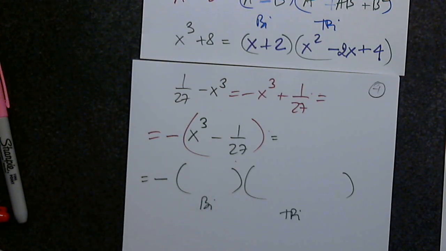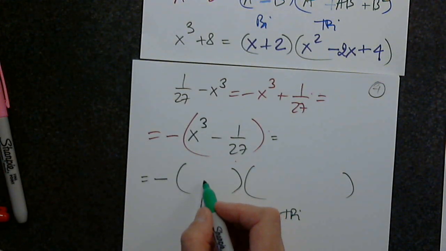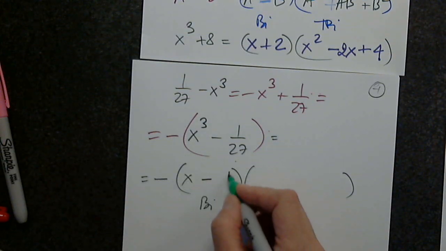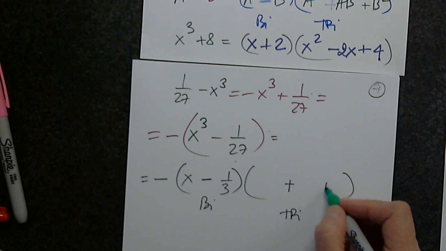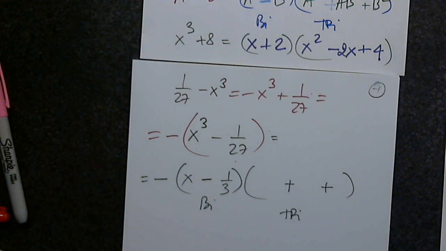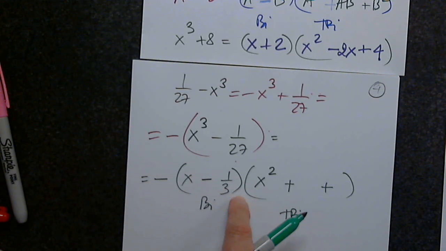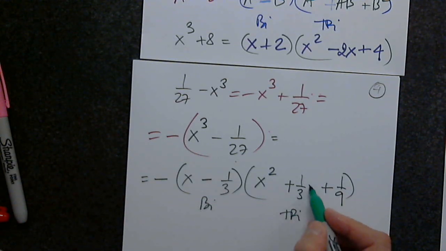Binomial times trinomial. Let's identify the signs first. What is the sign inside the binomial? X minus 1/3. Very good. And what is the sign in the middle of the trinomial? Plus. Excellent. And the last one, we don't even mention it. Good. Once I identify the binomial, I'm in business because I can square x, get this. I can square 1/3, which is 1/9, and I just multiply them to put in the middle, 1/3 x.